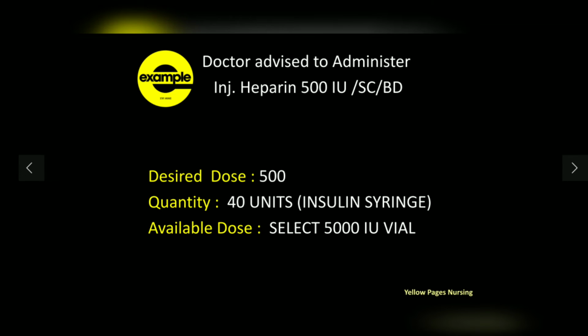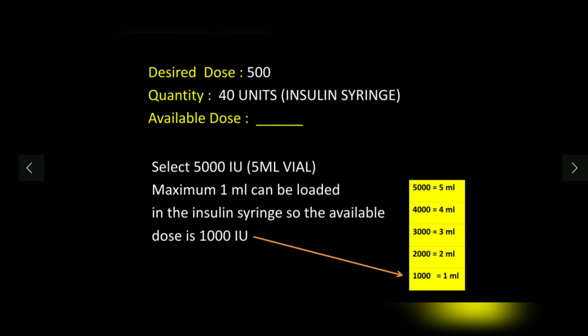Let's look into the second example. The doctor advised to administer injection heparin 500 international units subcutaneous BD. Dose will be 500 units and the quantity will be the same, 40 units of insulin syringe. We have selected the 5,000 international units vial and the available dose will be 1000 units because 5,000 international units equals 5 ml of heparin. 1 ml will be equal to 1000 international units, which becomes the available dose.